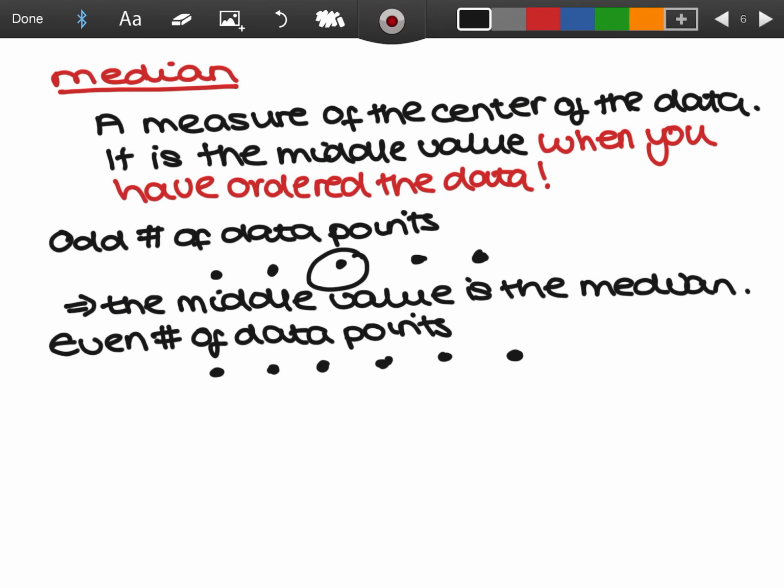I don't have 3 either side, I don't have 2 either side, it's not symmetric about a central point. So what I have to do in this case is take my 2 center points. They're my 2 that land in the middle, with 2 on either side of those. And I take the average of my 2 points that are in the center.